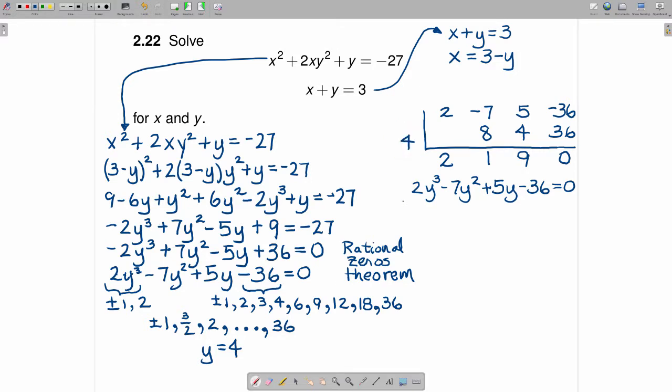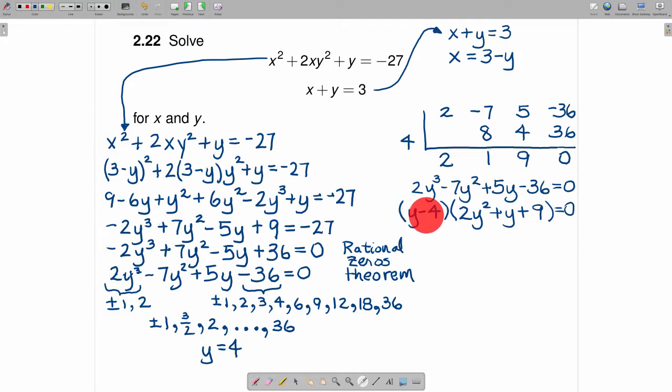And one of those factors is going to be y minus 4. And y minus 4 will get multiplied by a polynomial that is 2y squared plus y plus 9. And that's equal to 0.